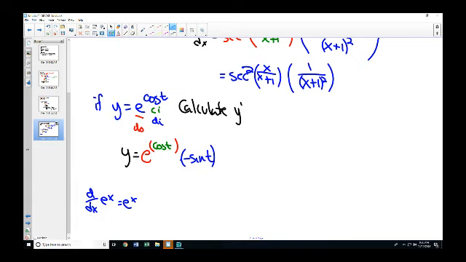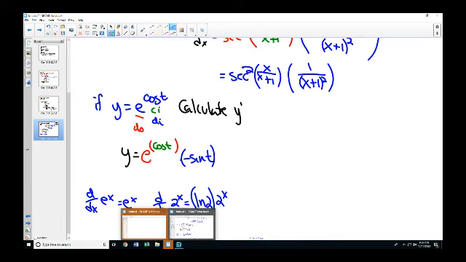Okay, do you remember what the derivative of 2 to the x is? These are the same derivative, but what's the natural log of e?